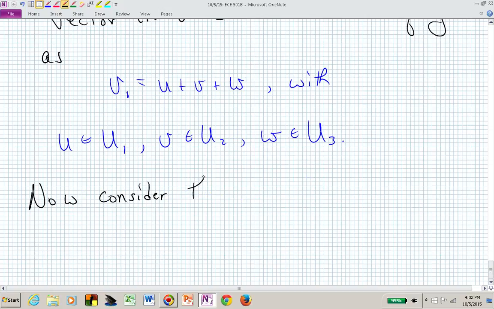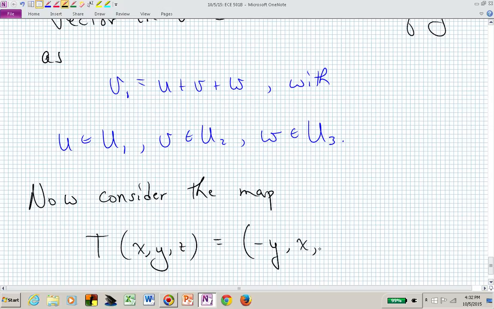Now consider the map T that operates on, let's say, this 3 vector x, y, z. You give it an x, a y, and a z component in R3. It's an operator, so it now needs to map back into R3, but suppose that the result is minus y, x, z.